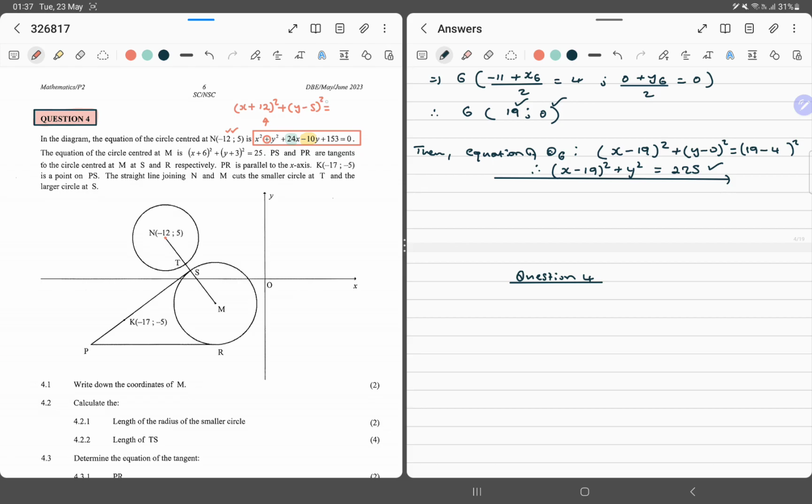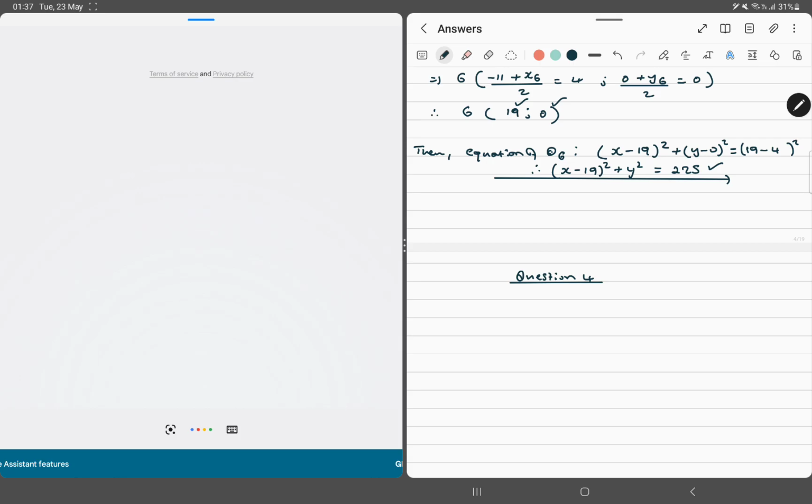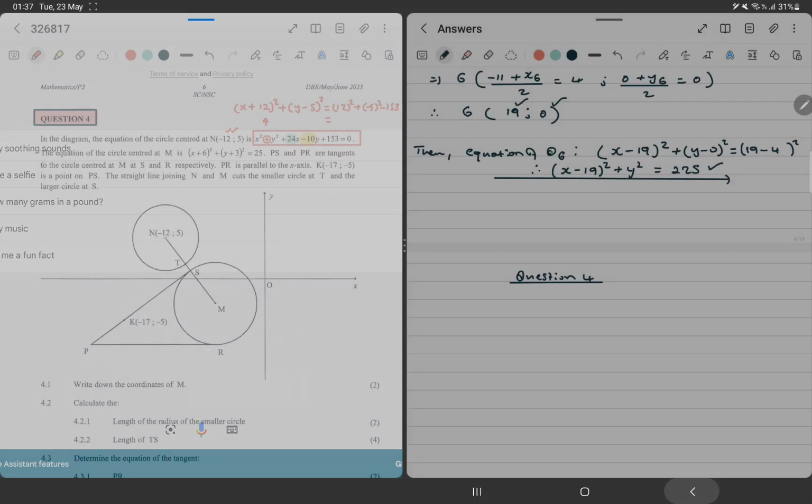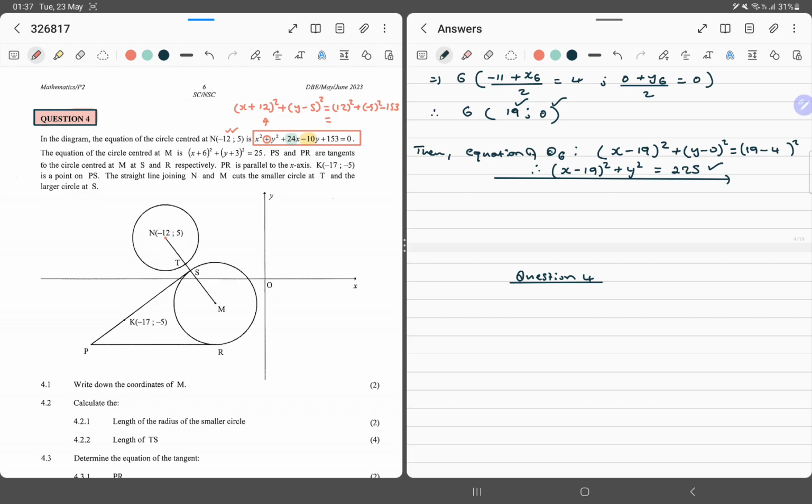So here this is going to be squared, and then we take 12 squared plus 5 squared. Then we transpose the minus 153, which will give us the radius squared. Let me just get my calculator. It's 144 plus 25.